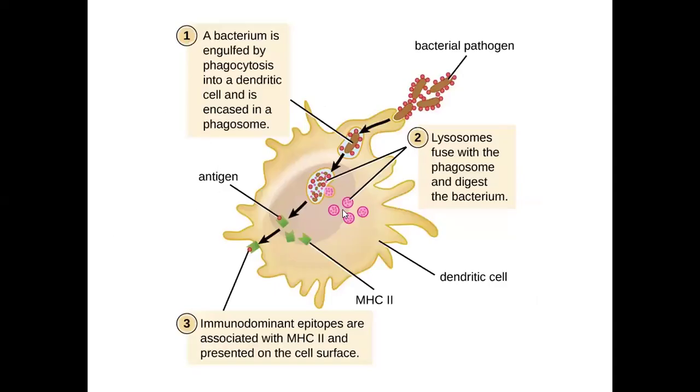So look at this picture. Here you can see the antigen presenting cell. It catches the pathogen, then puts this pathogen into the phagosome. So phagocytosis occurs, then the process of phagosome and lysosome fusion, and destroying the bacteria.